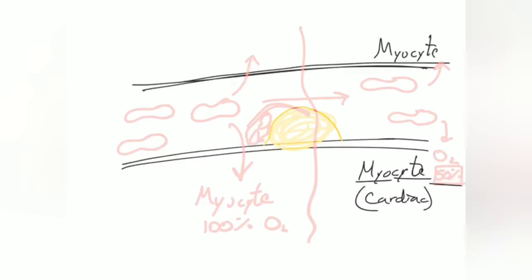Okay, so now for the next part, say finally the atheroma gets so big that not even a red blood cell can get through. So here now there is no oxygen, or say less than 50%. Now these cells will start dying.